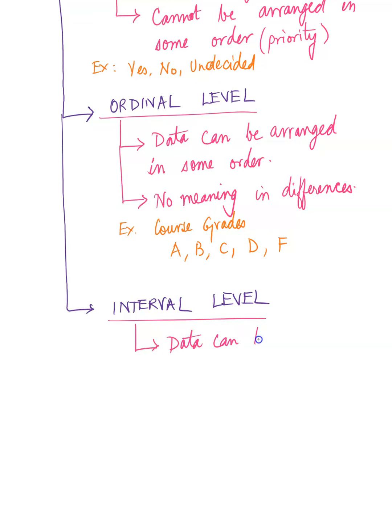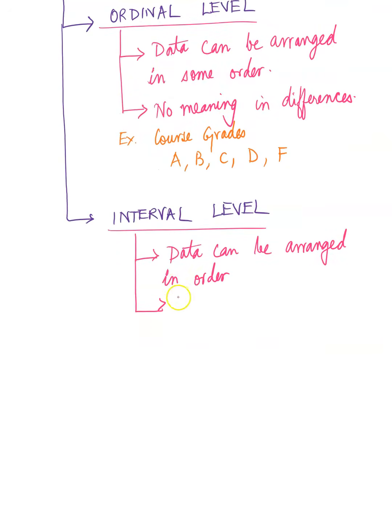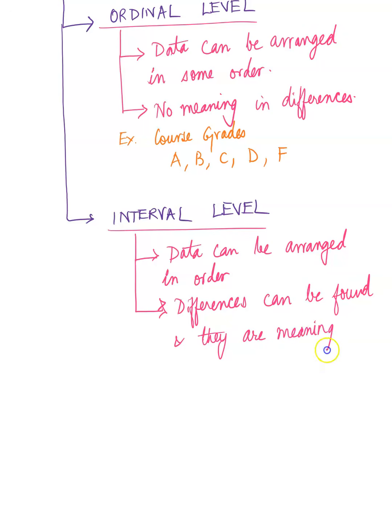So data can be arranged in order of priority. Differences can be found and they're meaningful. But there is no natural zero starting point.